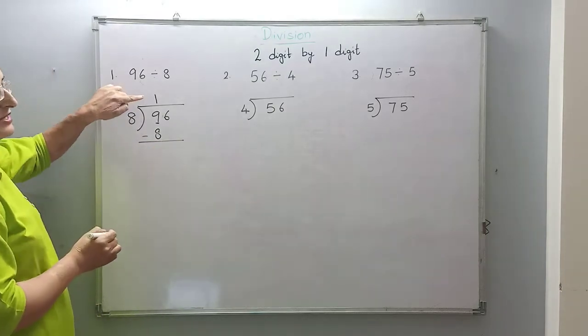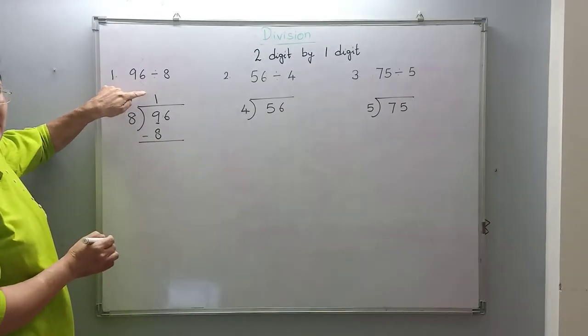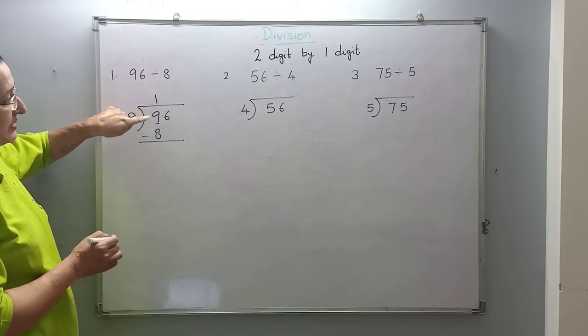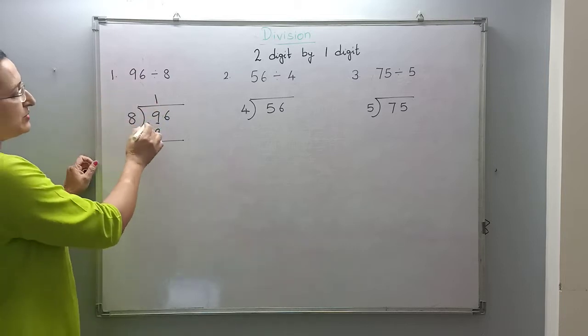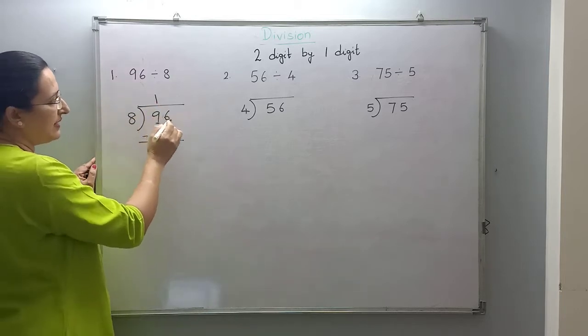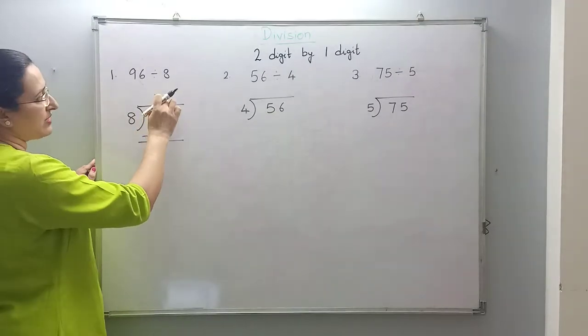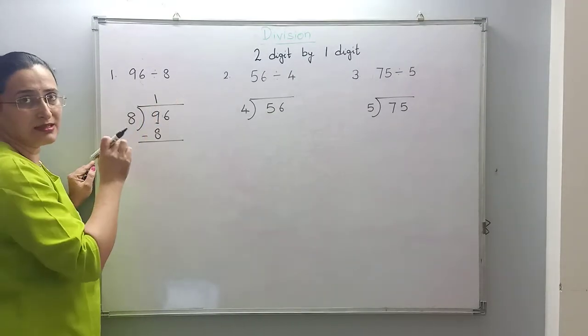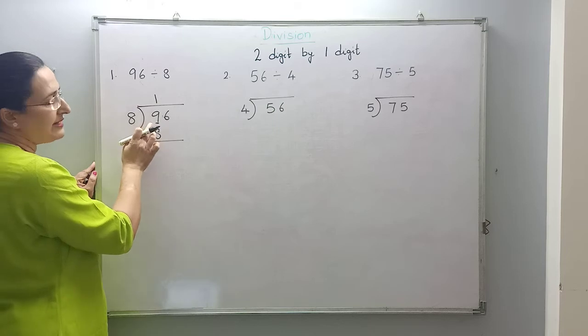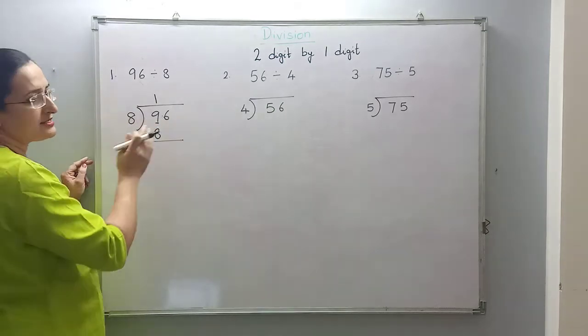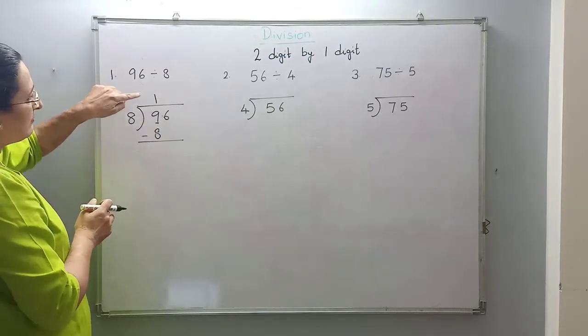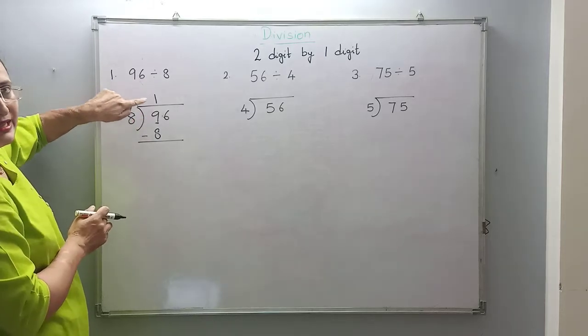Please see where I have written the quotient. That is why in the last sum I had told you that when you are dividing the whole number together, if we are dividing 96 together, then we would write the quotient on number 6. But here we are going to divide 9 differently and 6 differently. So we have to write the quotient on 9.